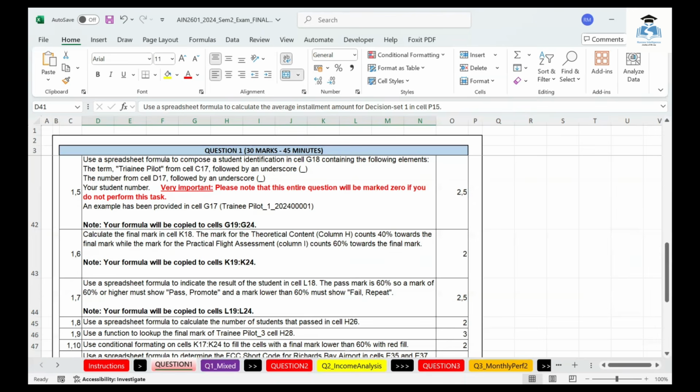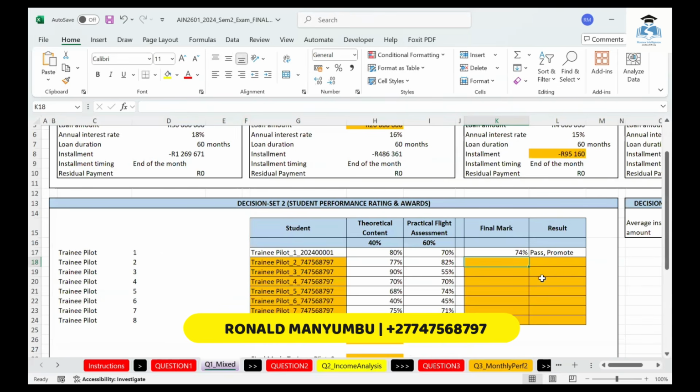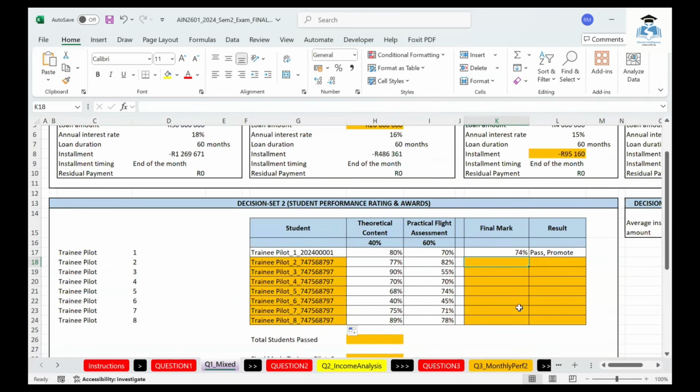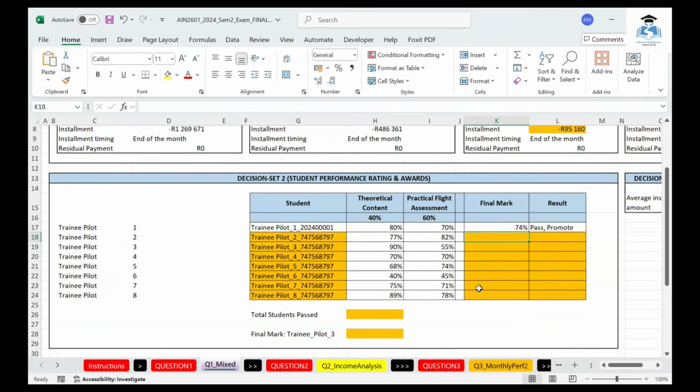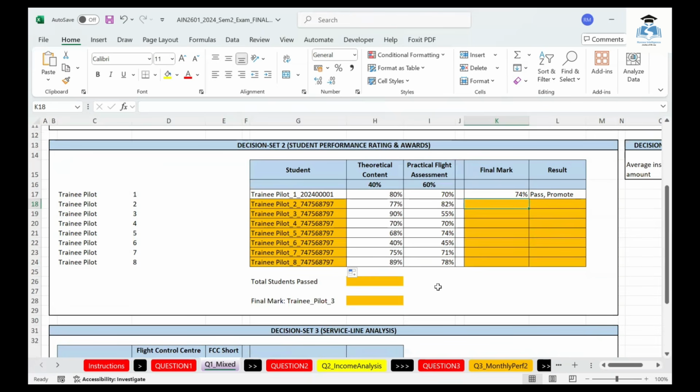So now, what is it that we want to do? Calculate the final mark for the theoretical content. So how do we find the final mark in this regard?